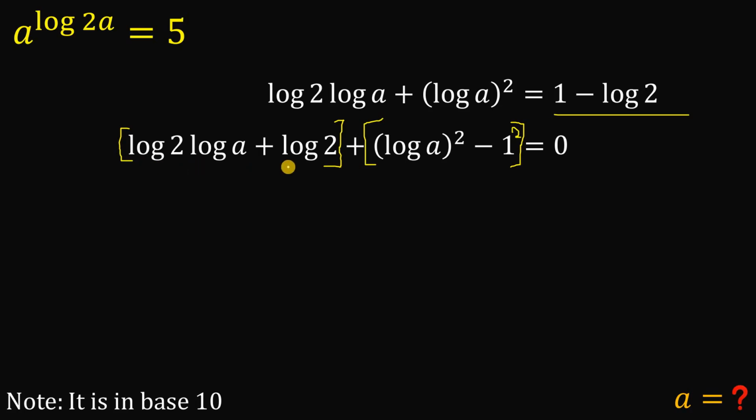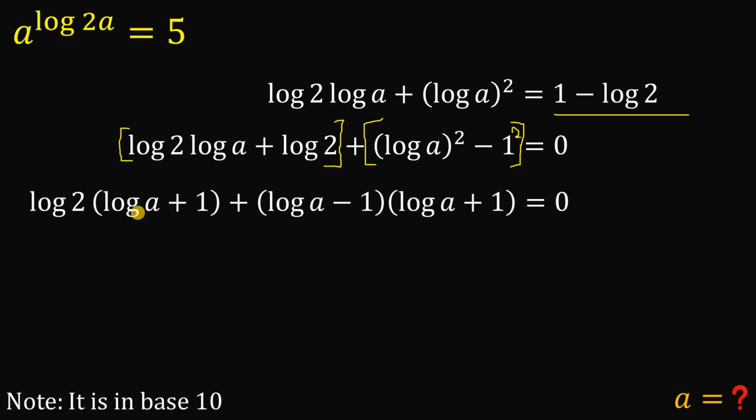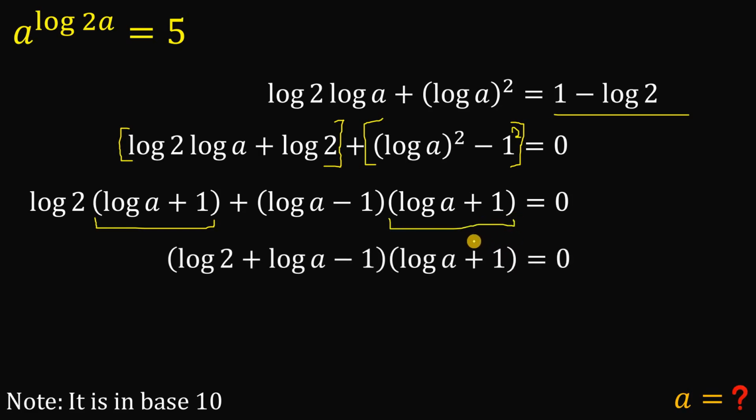Now, factoring out logarithm of 2 in this expression, we have logarithm of 2 multiplied by logarithm of a plus 1. And using the difference of two squares, we have logarithm of a minus 1 multiplied by logarithm of a plus 1. And take note, we have here another common factor of logarithm of a plus 1. So again, we can factor this out nicely.